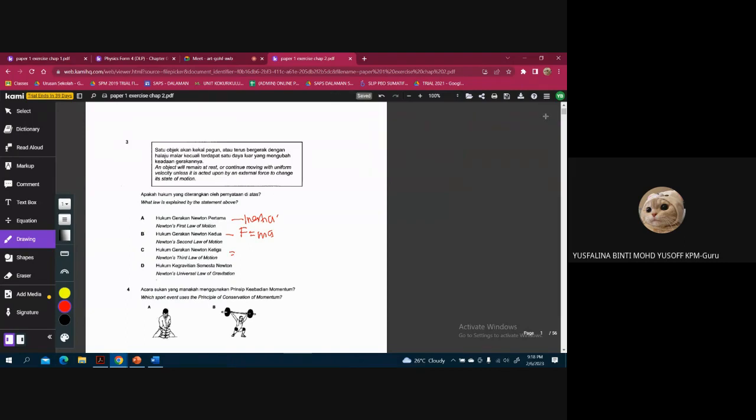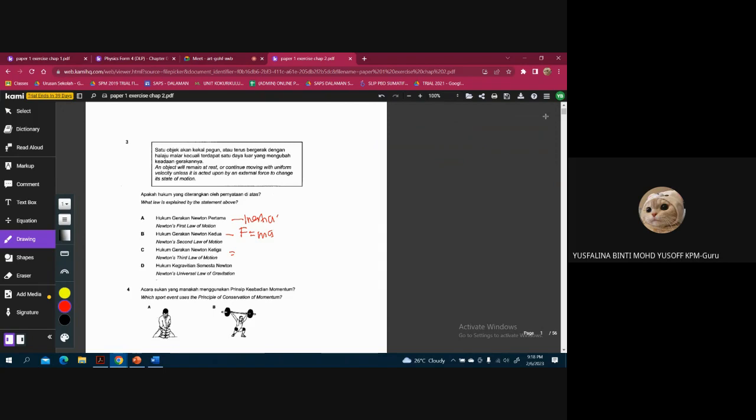For example, if I push a car to the right, then there will be a frictional force acting on it going to the left. So they have an action and there will be a reaction.